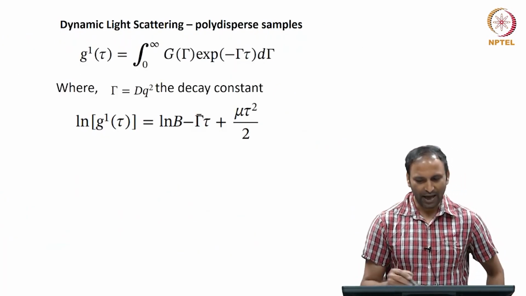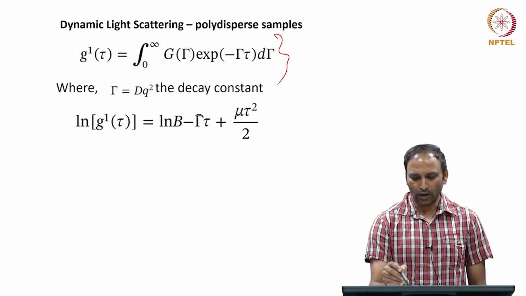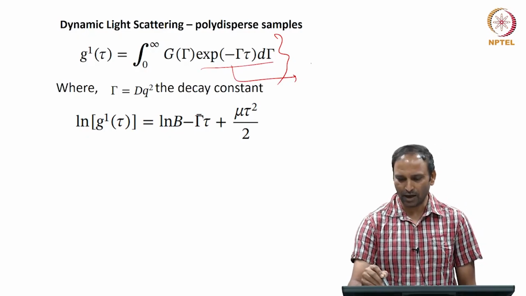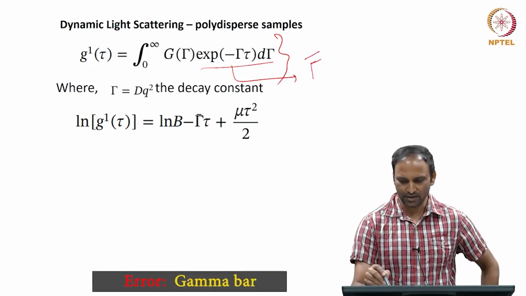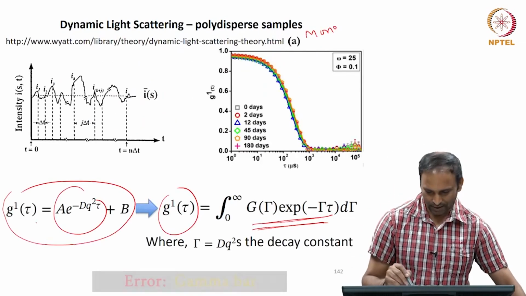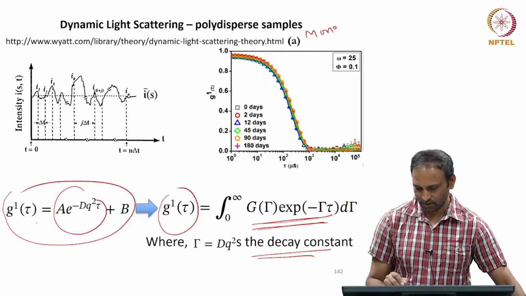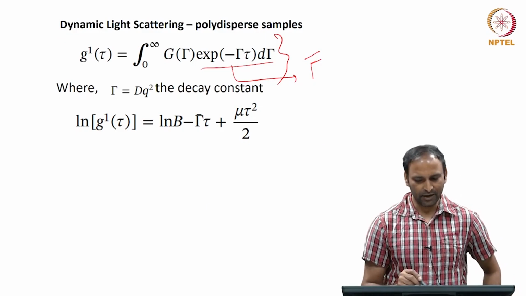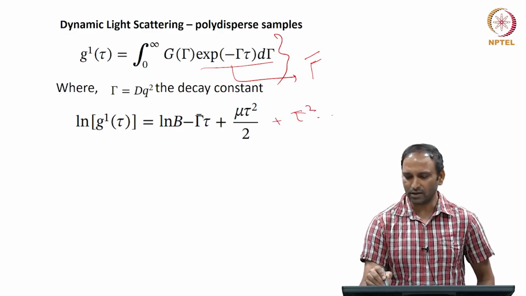And if you have something like that, then you can expand the exponential function around some average tau bar. This tau bar is what is called the decay constant. Then you leave out all the higher order terms.